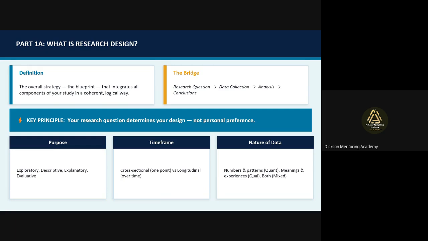What is a research design? This is the overall strategy, a blueprint that integrates all components of your study in a coherent, logical way, that connects your research questions, your data collection, your analysis to your conclusion.